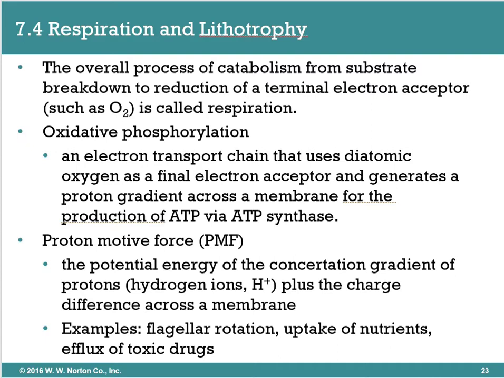The reason respiration is so important to them is so they can actually survive. In oxidative phosphorylation, you have electrons floating around, and you also have oxygen. Oxygen picks up these electrons, so it is known as the final electron acceptor. It then generates a proton gradient outside of the membrane.